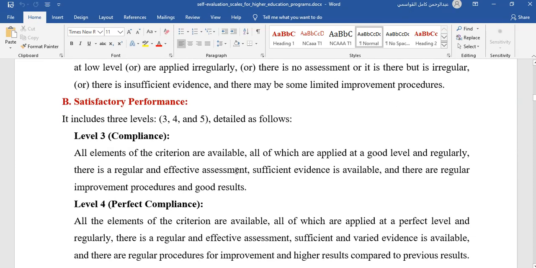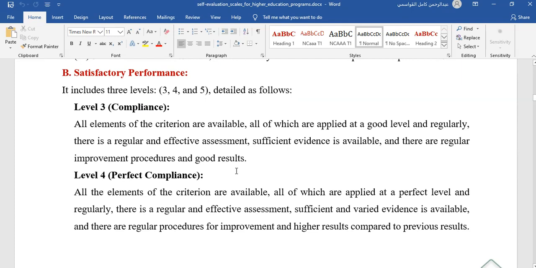3 is the minimum to be, as we said, eligible for accreditation. So, level 3 compliance means all elements of the criterion are available, all of which are applied at a good level and regularly. There is a regular and effective assessment, sufficient evidence is available, and there are regular improvement procedures and good results.